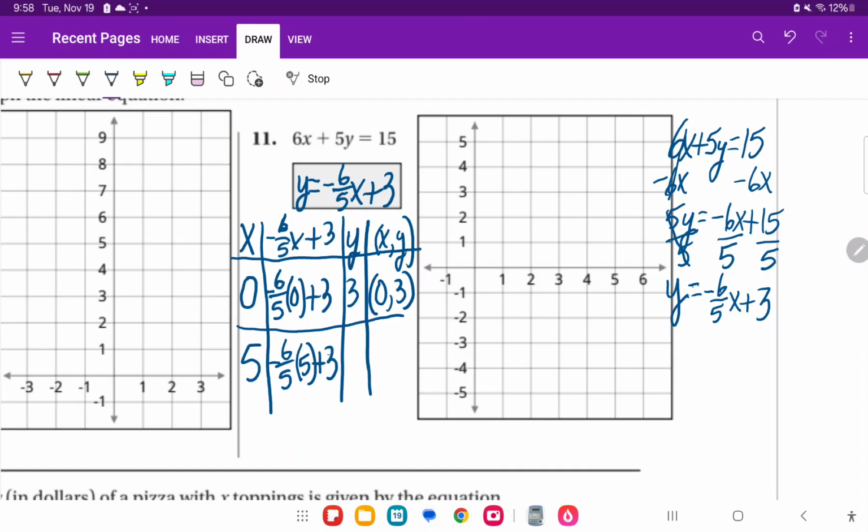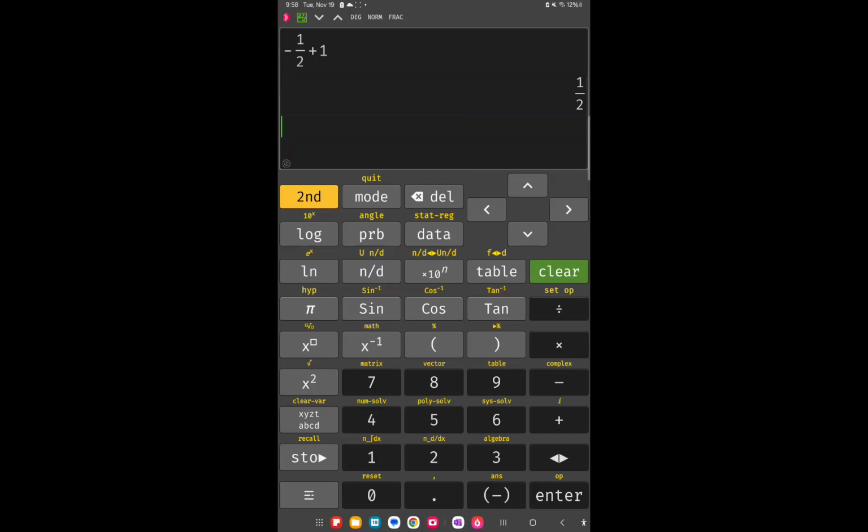So I'm going to go to my calculator and do negative 6 over 5, hit the right arrow, and then it is times 5, and then the rest of it is just plus 3, like that.